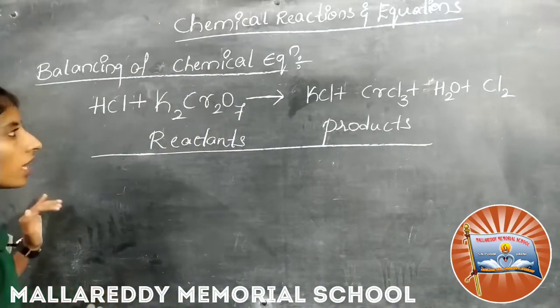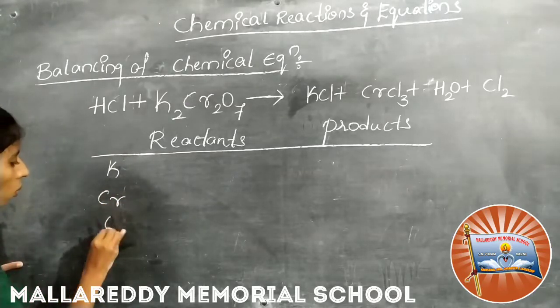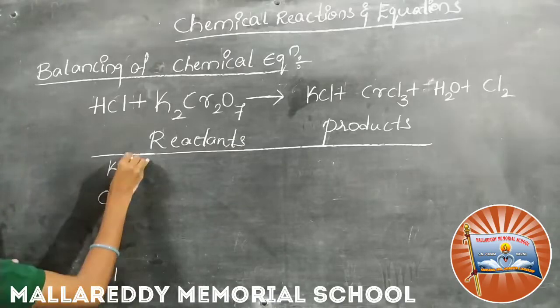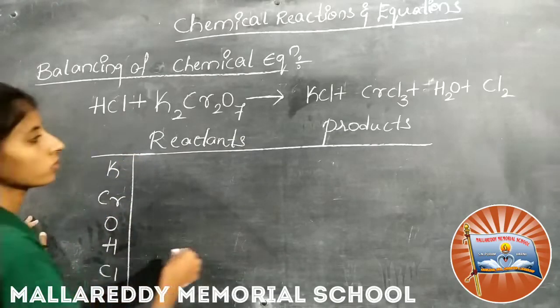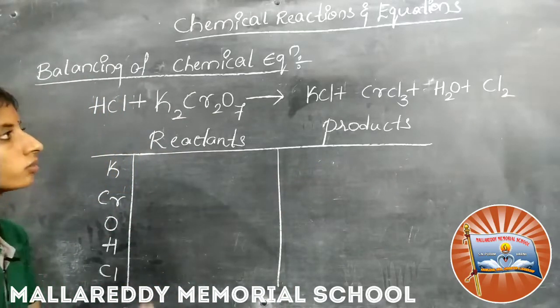So now here we have the reactants K, Cr, O, H and Cl. Product side also we have the same.